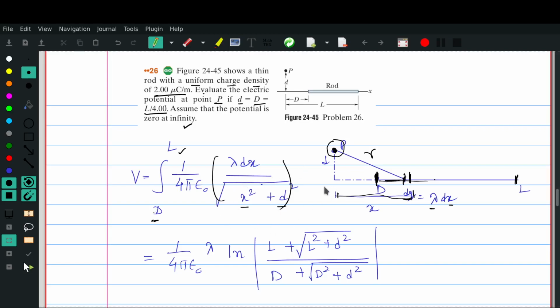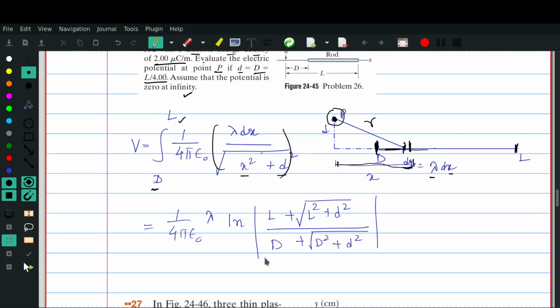So you can just directly integrate this out, right? When you integrate this and plug in the values, you get something. You just apply standard formulas of calculus, apply these limits, and you get this result.